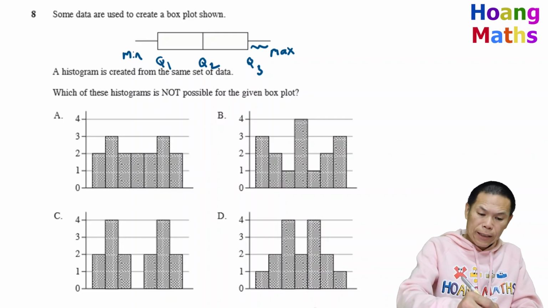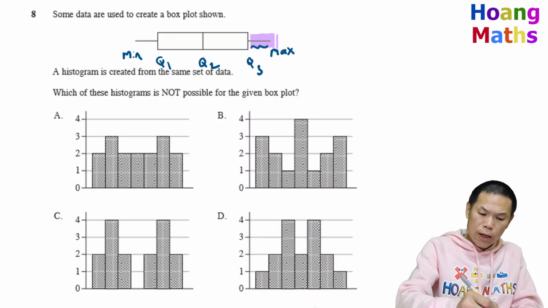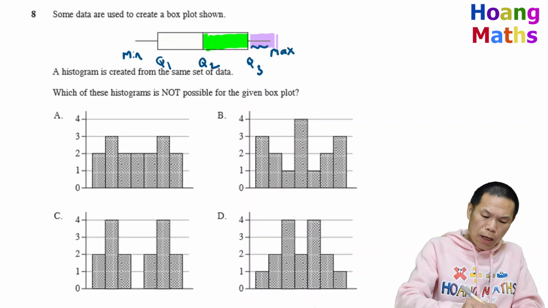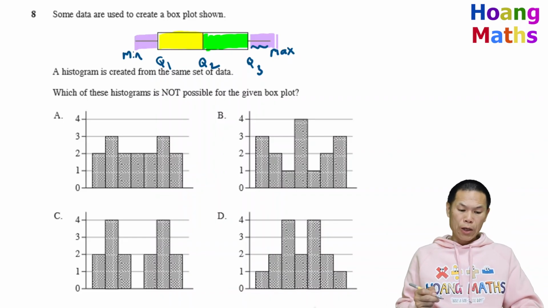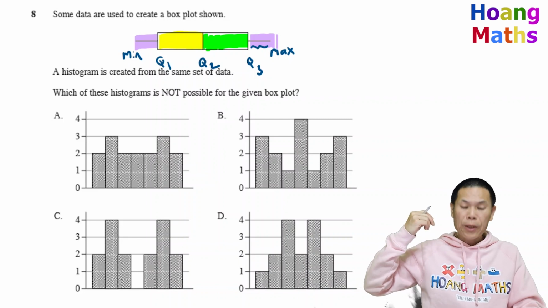The maximum score minus Q3 is much smaller than Q3 minus Q2. Similarly, Q1 minus minimum is a lot smaller than Q2 minus Q1. So we just need to work out these values and then we can compare.